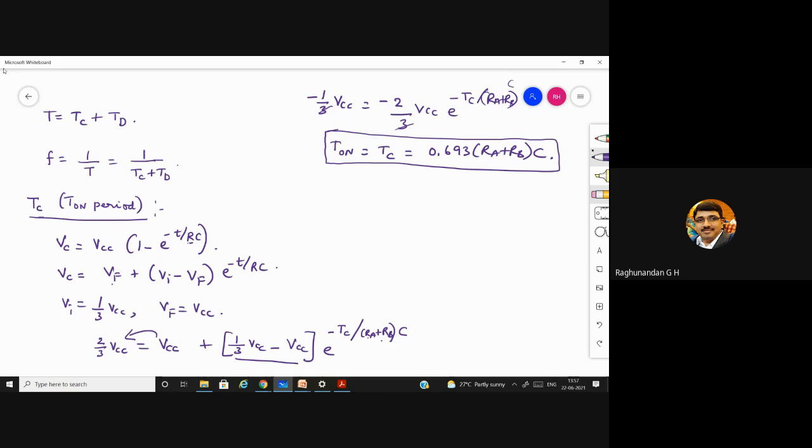Tc is the charging time, and that charging time itself is considered as the on period of the multivibrator output.